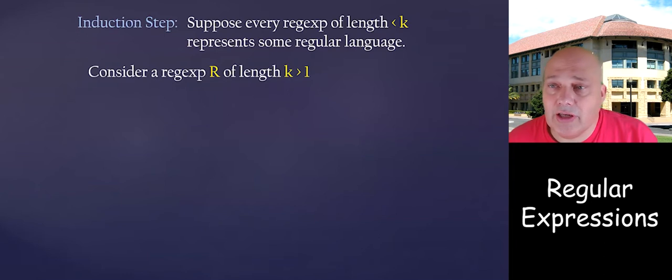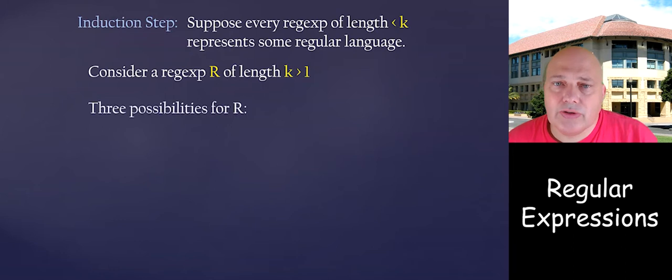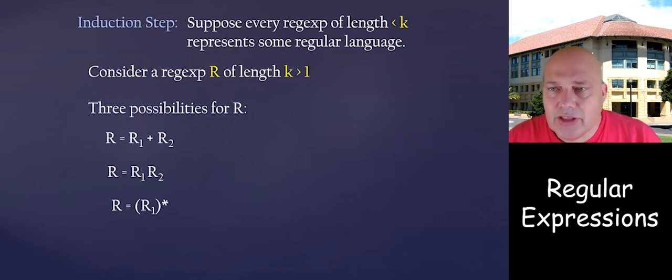They are obtained by one of the three operations, and therefore we will look at the three operations, get shorter regular expressions, and use the induction hypothesis for them. So there are three possibilities for R. It can be R1 plus R2, R1 times R2, or R1 star. Every regular expression whose length is larger than 1 has one of these forms.